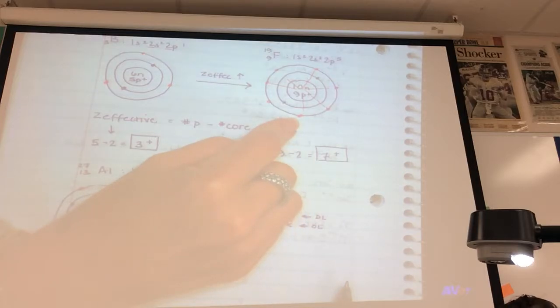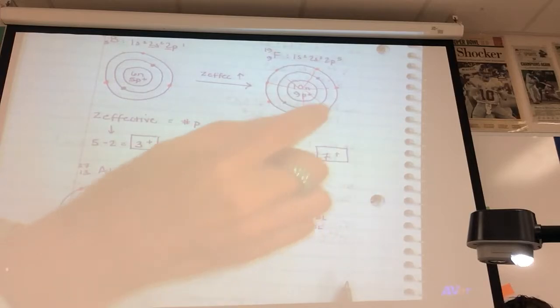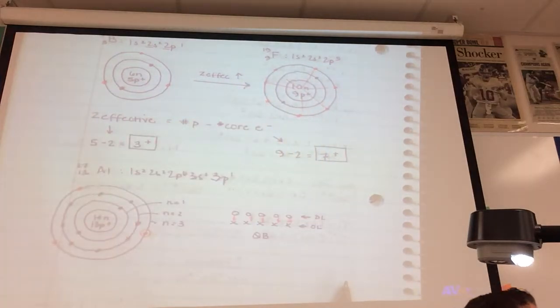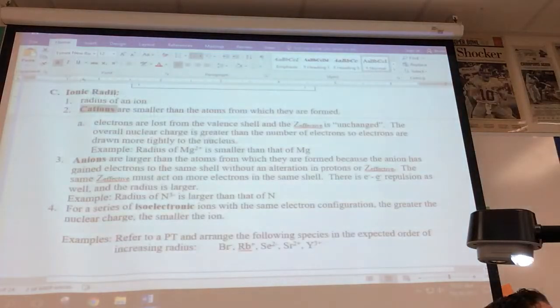So what is the anion's radius going to do compared to the atom? It's going to get larger. In addition, you'll have electron-electron repulsion, further causing that push out. So a cation will be smaller than its corresponding atom. An anion will be larger than its corresponding atom. And that is written out here.